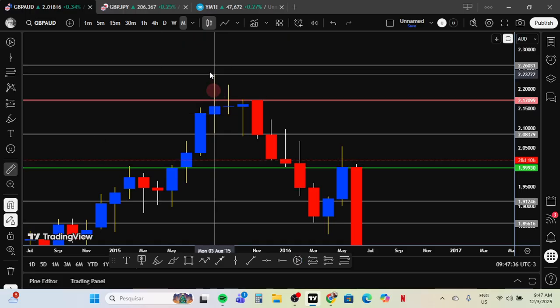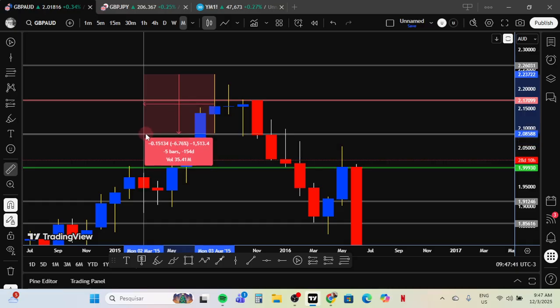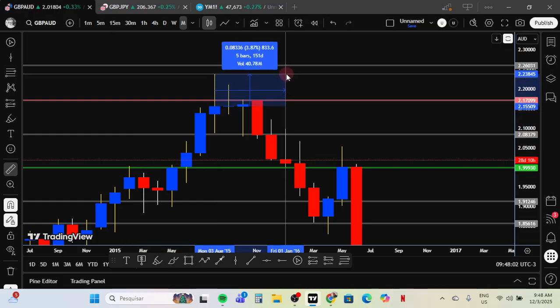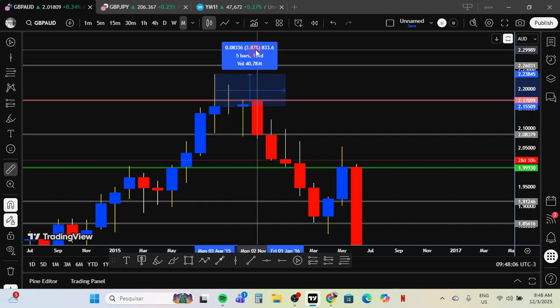So if I measure the high and the low of this candle, I'm talking about this candle here. When I measure the high and the low, I can clearly see that there is more bearish pressure than bullish pressure from the wick. You can see that, all right, there's more bearish pressure. Or better still, if I measure the close to the high, how many percentage are we seeing? 3.87%.